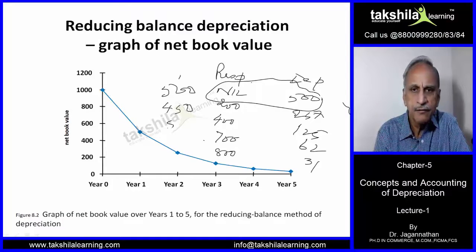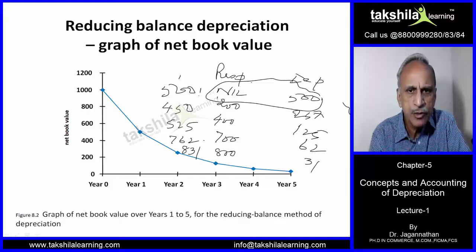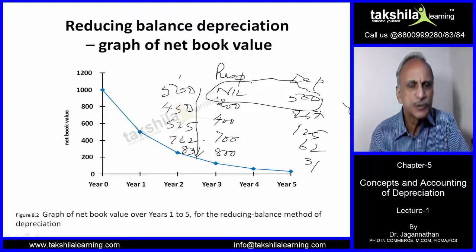It is 525. It is 762. It is 831. Right. Now you see the total expenditure is gradually increasing. This is what happens.